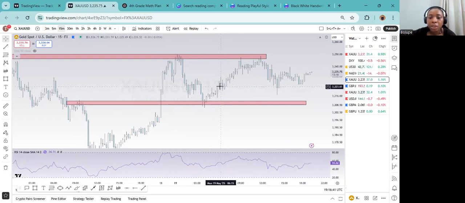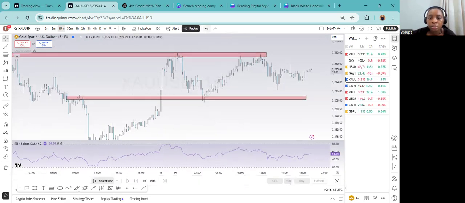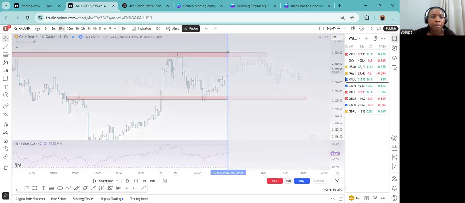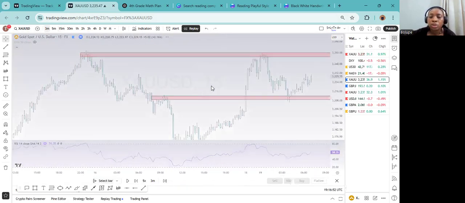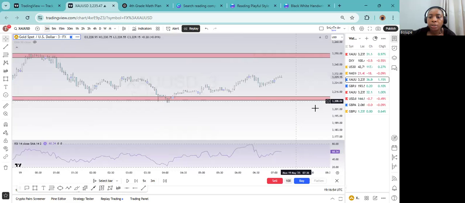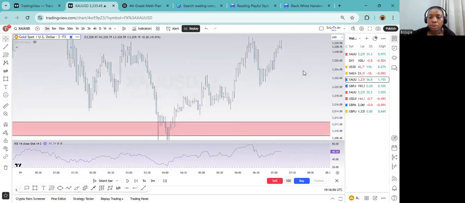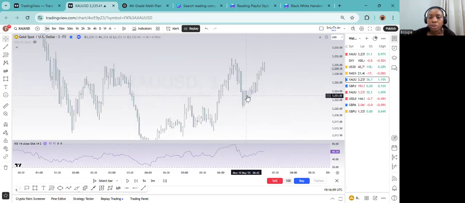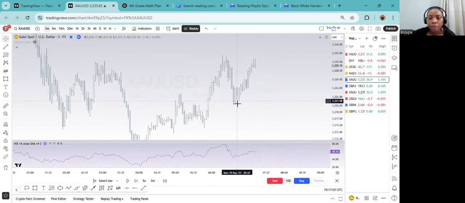We could have used 3 minutes to enter right there. This is London session, so we had opportunities to enter during London with this bullish engulfing, rally-base-rally, everything that it gave.